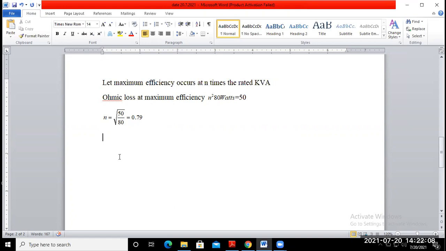Okay, so kVA output at the maximum efficiency is equal to n into the kVA rating of the full load.